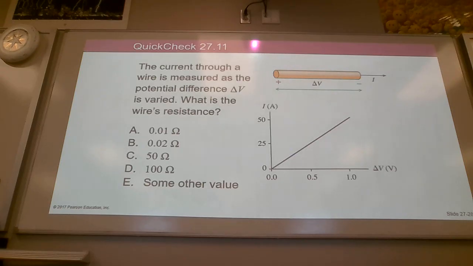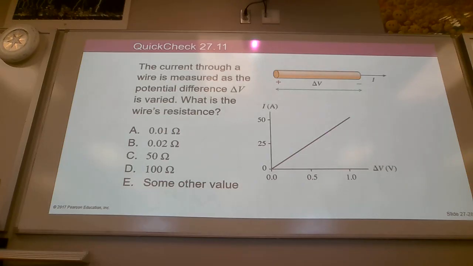Have a conversation. It's the inverse of the slope.